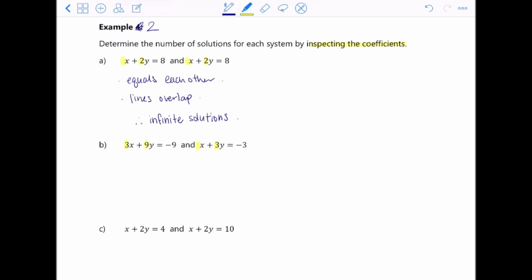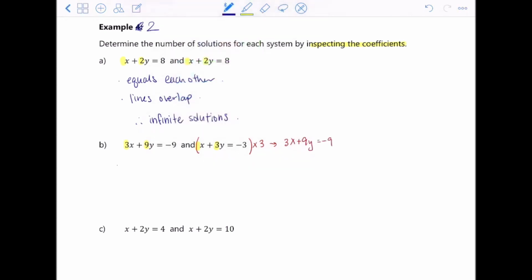Notice that they're not equal, but the second equation here, when you multiply the entire equation by 3, you will get the exact same equation as the first one.